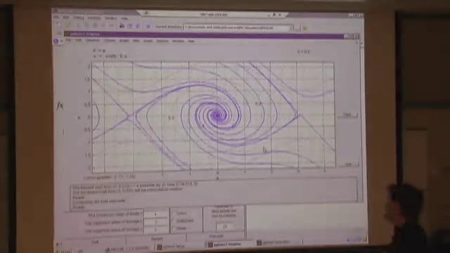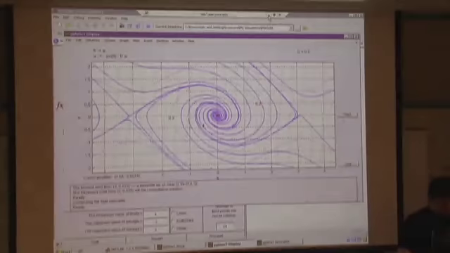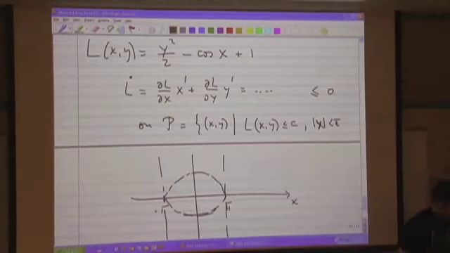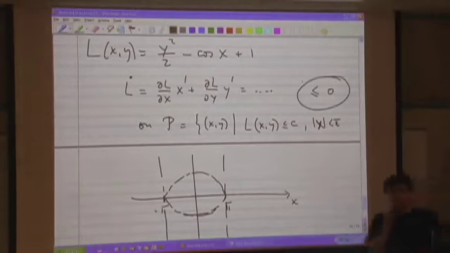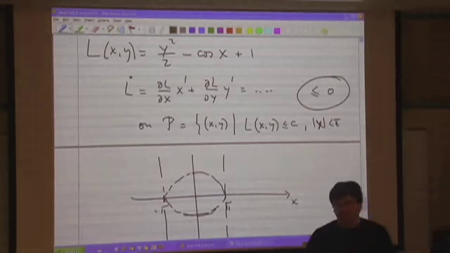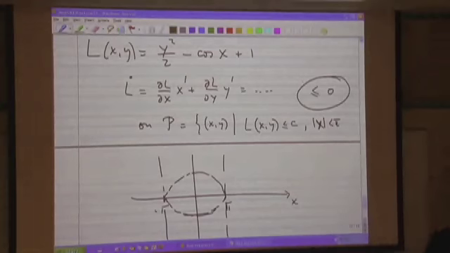And okay, the key of this is, so do this picture on your own just to convince yourself. The key is that this guy is not always strictly less than 0. So you cannot just use that first statement that said if it's strictly less than 0, it's asymptotically stable, right?